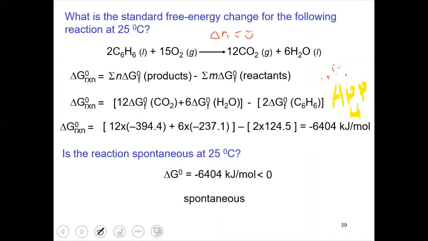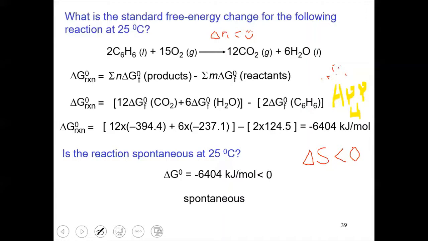What happens when you have a reduction in the number of moles of gas? What happens to the entropy? That's right. The entropy of this process should be negative. There should be a decrease in entropy because you're going from more moles of gas, 15, to fewer moles of gas, which is 12.